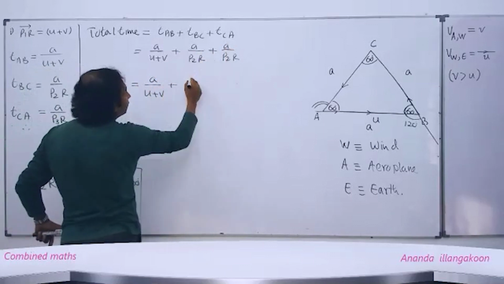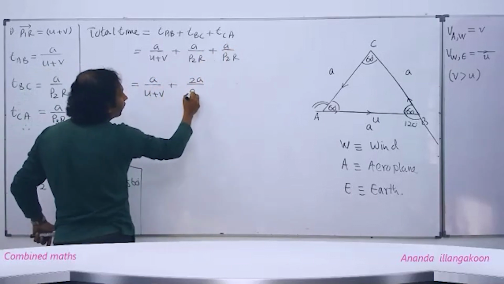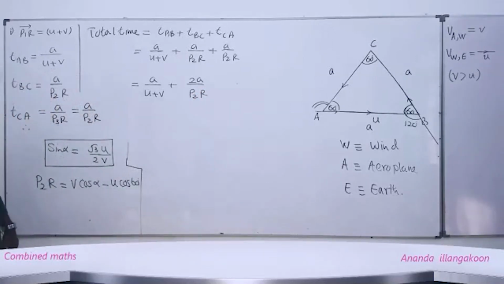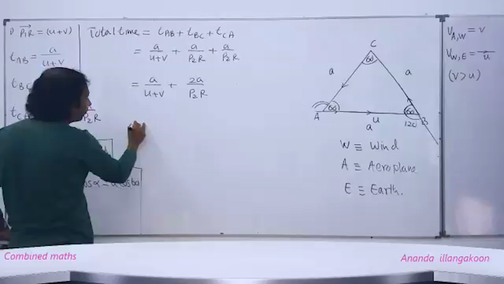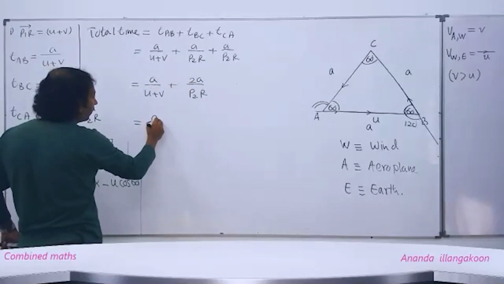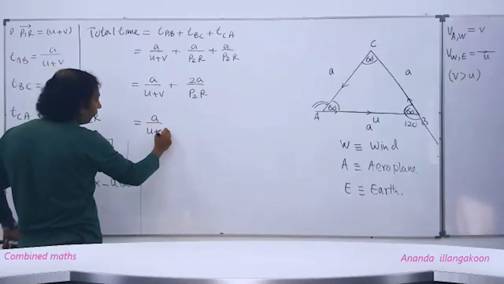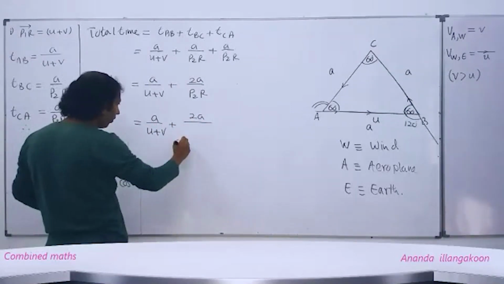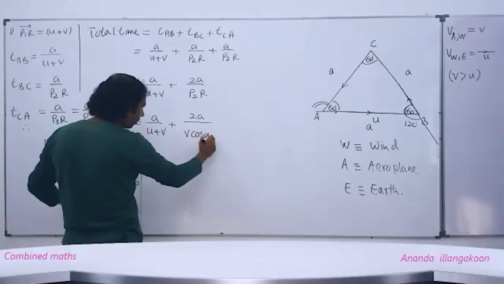This plus this means 2A upon P2R. Right. Substitute for this P2R: V cos alpha minus U cos 60.